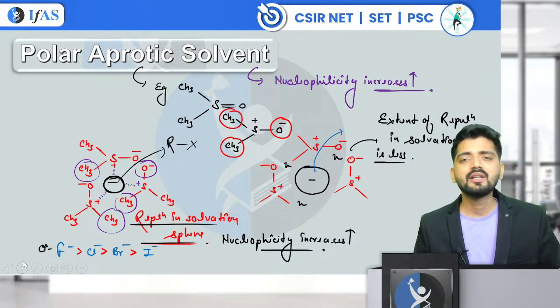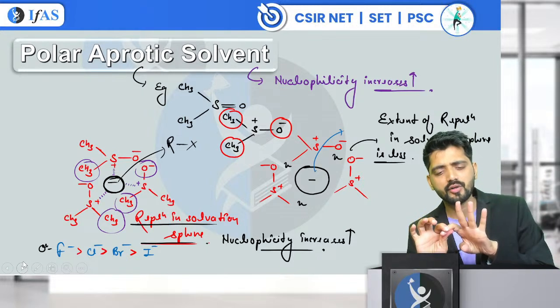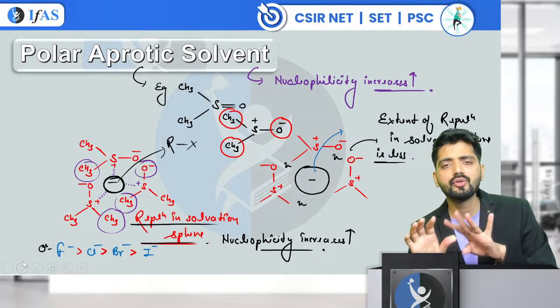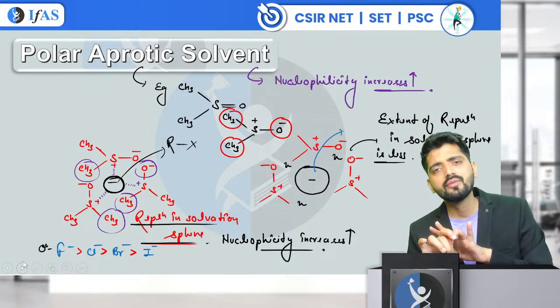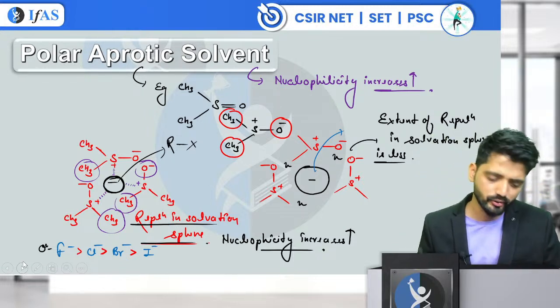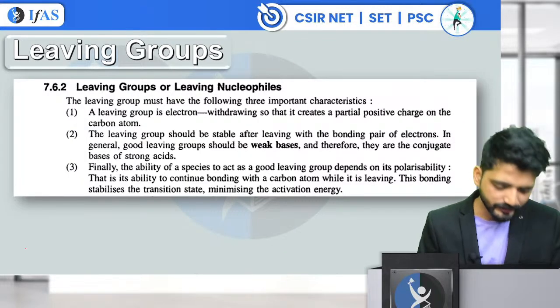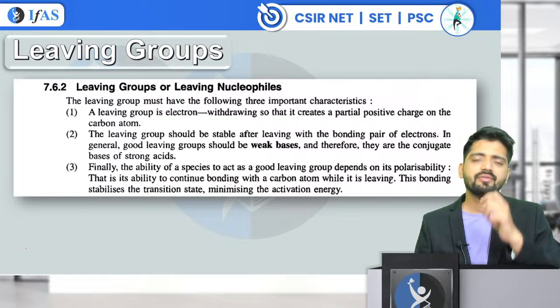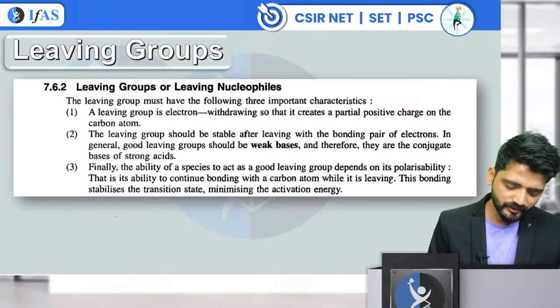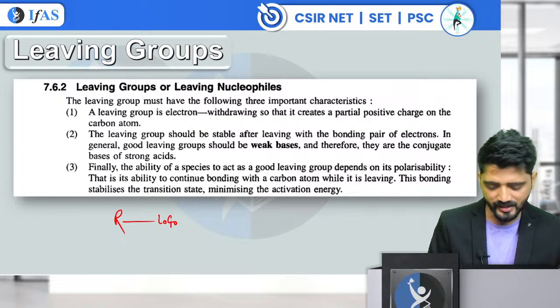So we have dealt with four components: substrates, nucleophiles, solvent, and of course product. Nothing to tell about product, but the fifth component which will be important is the leaving group. If I talk about leaving groups, whenever we see a substrate, let's suppose we have an R group and a leaving group attached here.